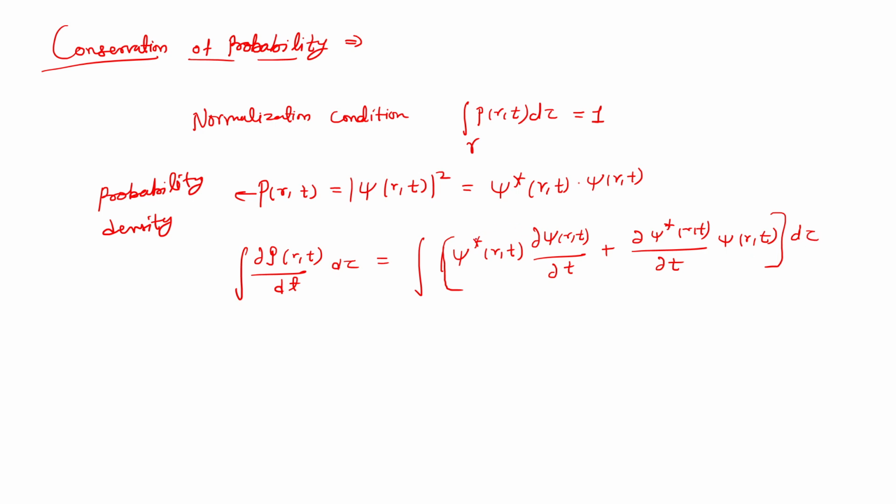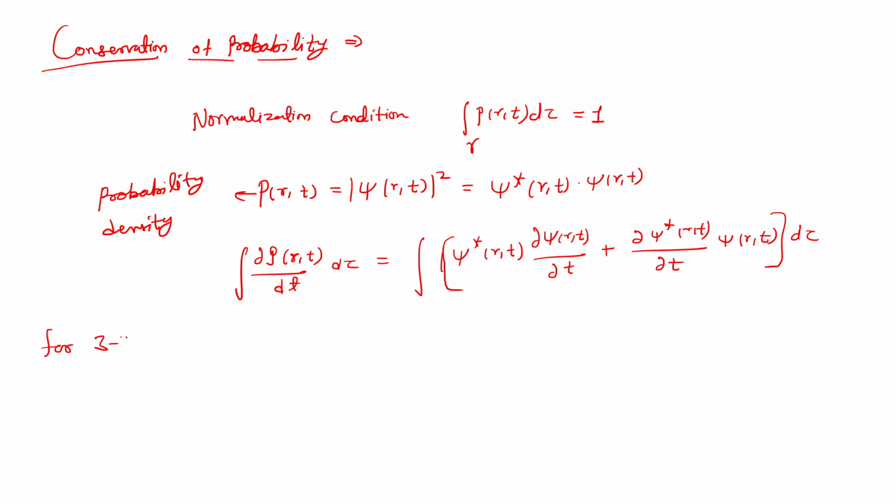Now with this equation, we also know the Schrodinger equation in 3 dimensions. These are all 3-dimensional systems because we are taking r. So in 3 dimensions, we know the time dependent Schrodinger equation also, which we will write first.